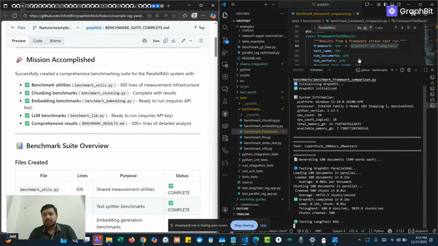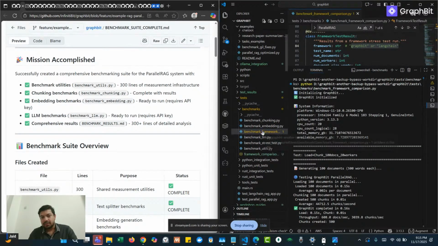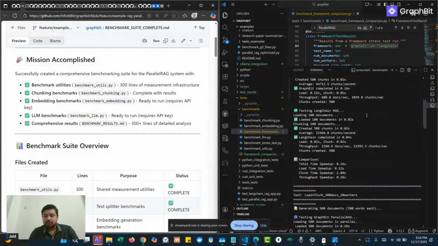So we just initialized the end-to-end benchmark of both of the parallel RAG implementations, with GraphBit and also with LangChain. You can find it in the benchmark framework comparison pipeline file.